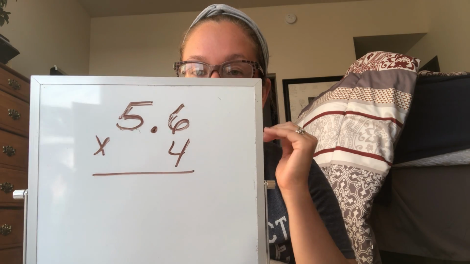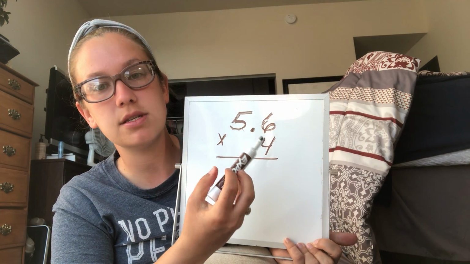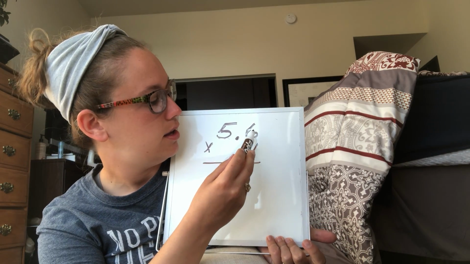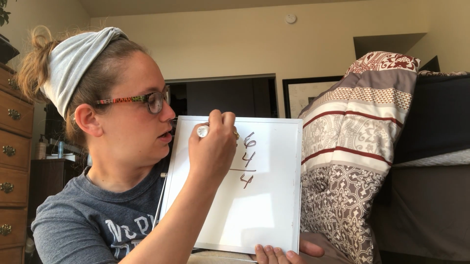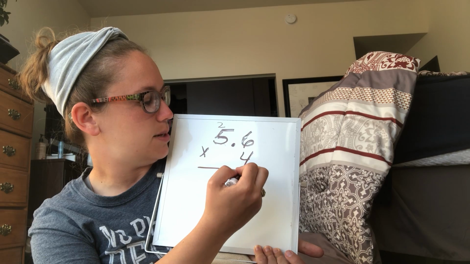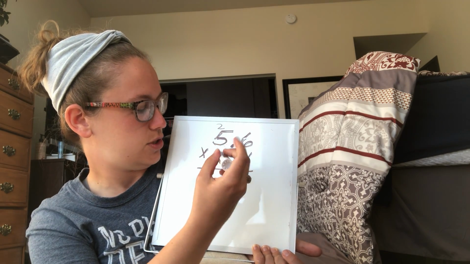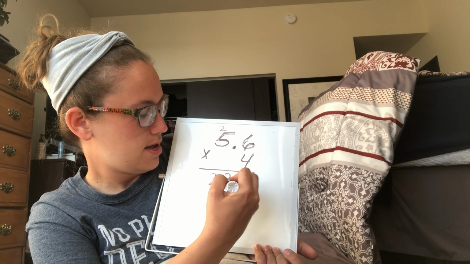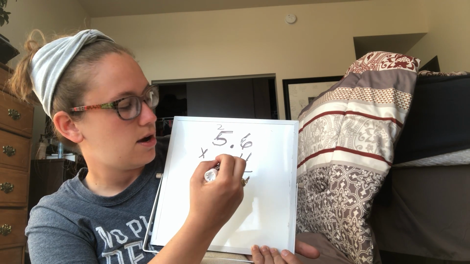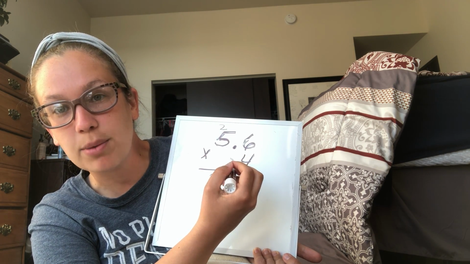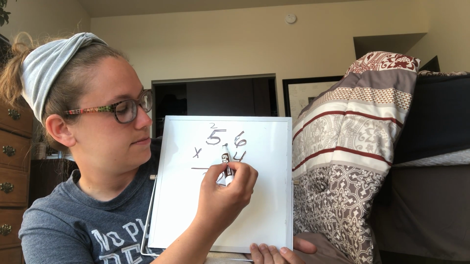So to multiply with decimals, it's just like multiplying normal numbers. So 6 times 4 is 24. Carry my 2. 5 times 4 is 20. Add 2 is 22. Now, how many numbers in my problem are to the right or behind a decimal place?